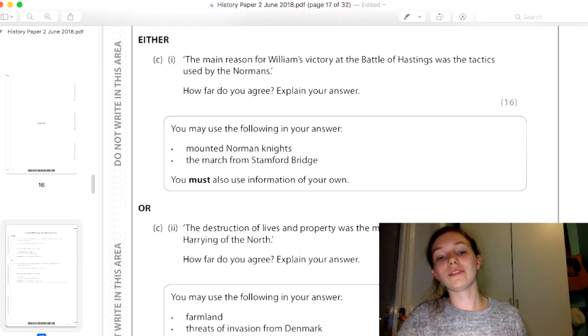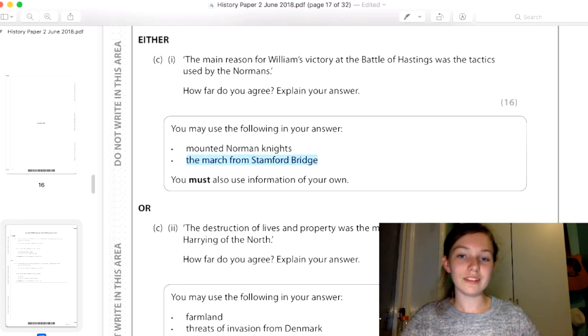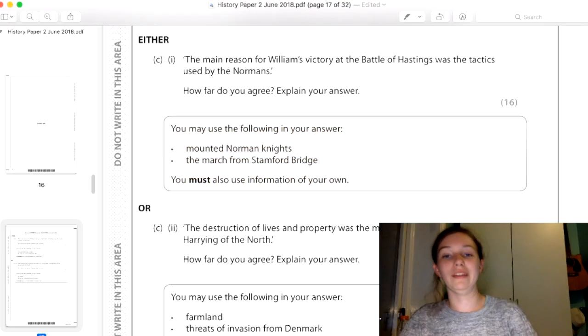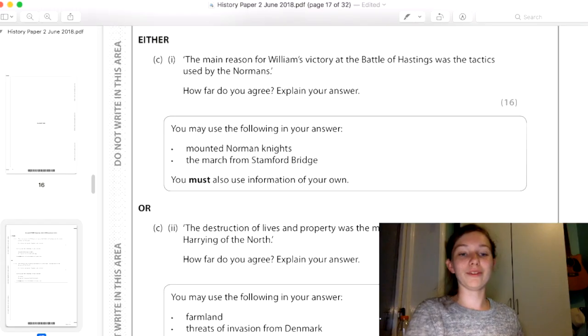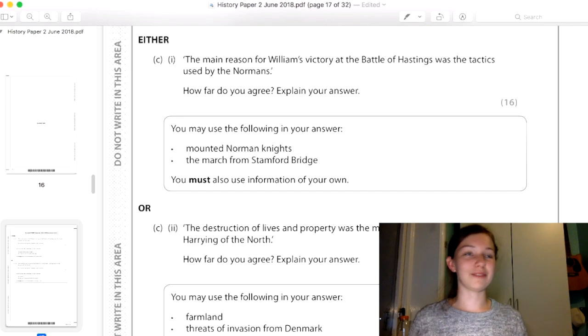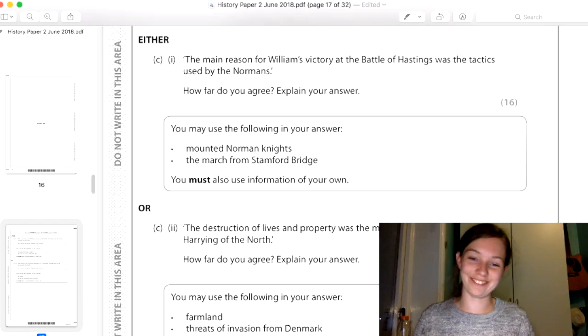However, whilst the march from Stamford Bridge was a reason for Harold's loss that wasn't Norman tactics, it still doesn't outweigh the importance of the mounted Norman knights and the feigned retreat. That would be your conclusion, written out in a nicer way, not the waffly way I just explained it.